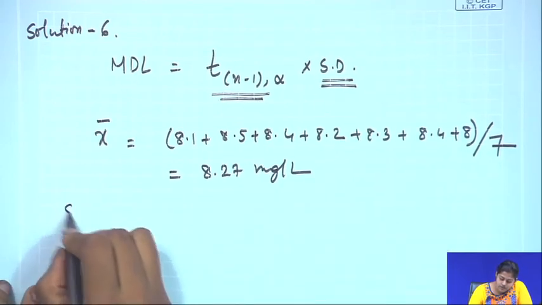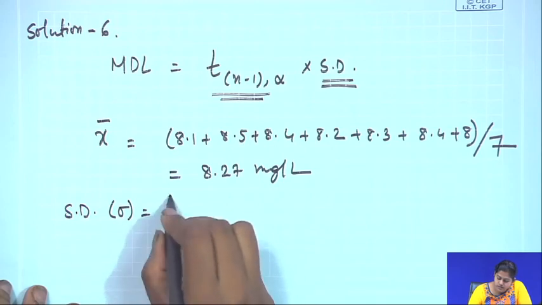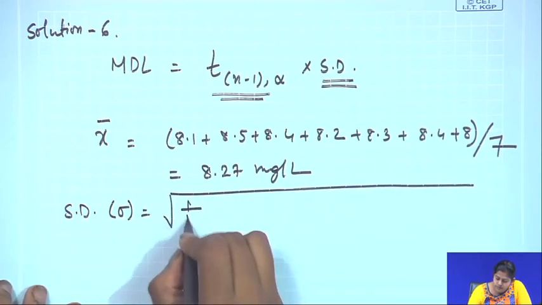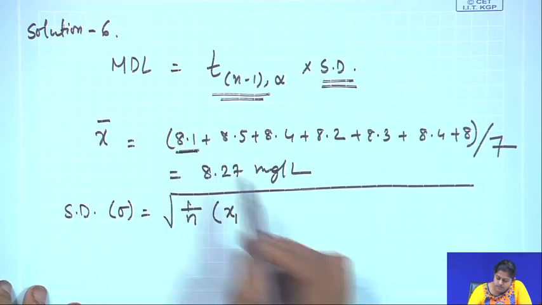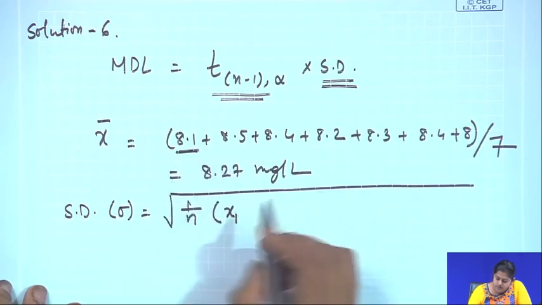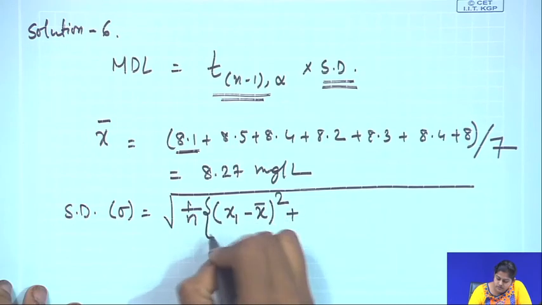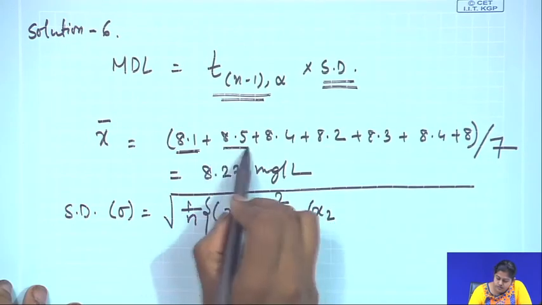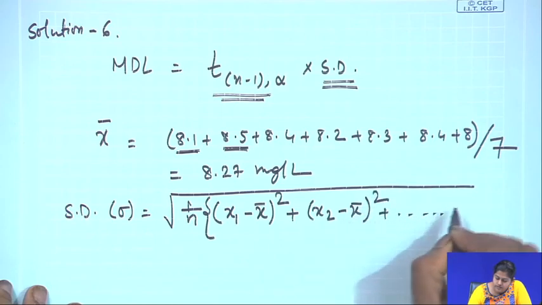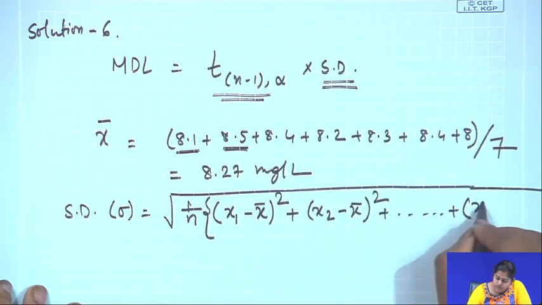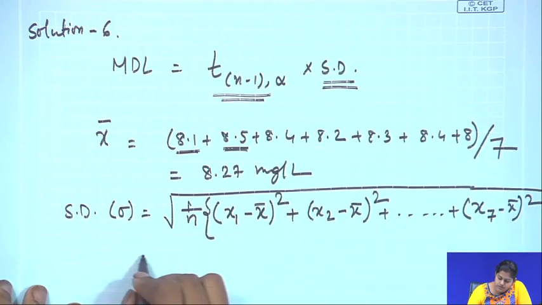Now, we can calculate standard deviation, the formula of which is root over of 1 by n, times x 1, the first value, minus x bar, the mean value, square, plus x 2, the second value, minus the average value square, plus we go on until x 7 minus x bar square.